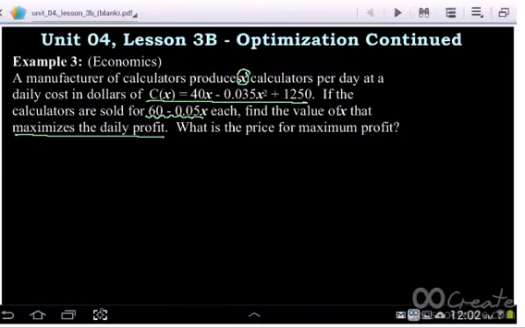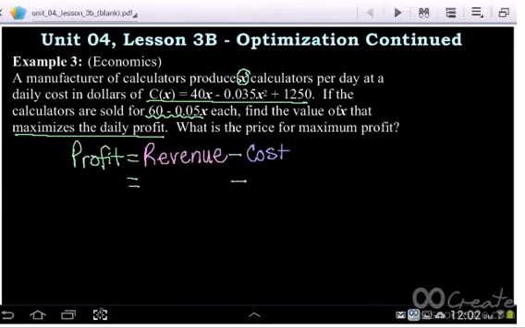So the first thing we're going to remember is that profit is equal to revenue minus cost. In our example, revenue is the amount of money coming in.